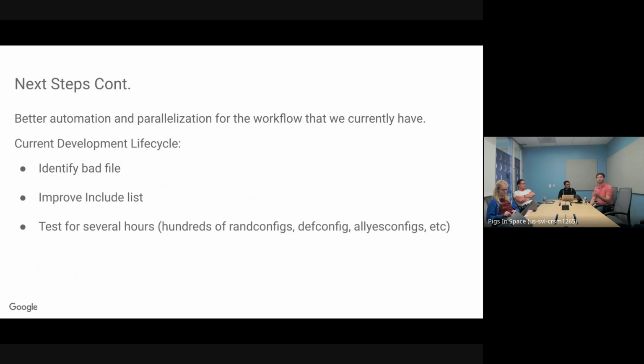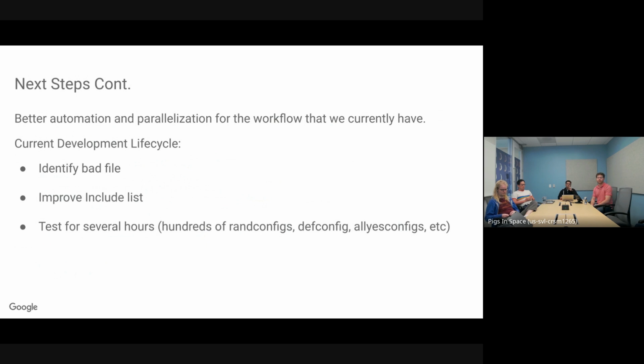We had a discussion this past week with one of the x86 maintainers about integrating this into either build bots or potentially even checkpatch itself. So, around this workflow of identifying a bad file, instead of a developer picking a file and running these utilities against it, maybe whenever someone touches a file, we figure out what files were touched and simply run this on those files.